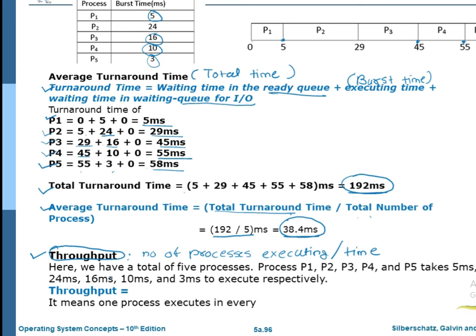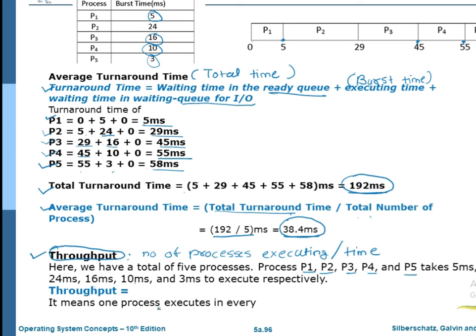Now here we have a total of 5 processes, P1, P2, P3, P4 and P5, and they take 5 milliseconds, 24 milliseconds, 16, 10 milliseconds and 3 milliseconds respectively.